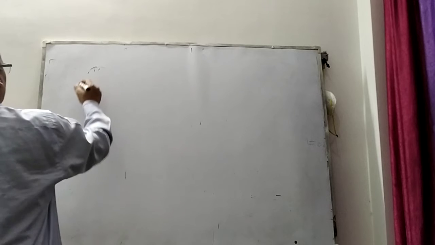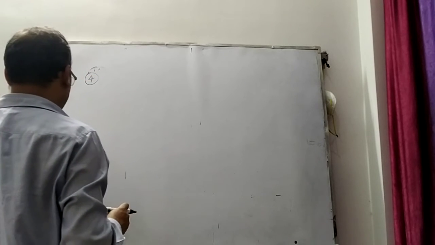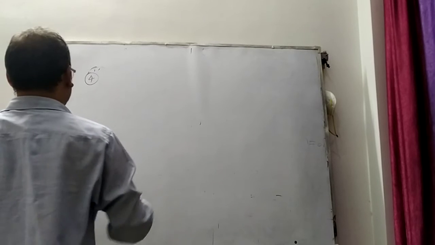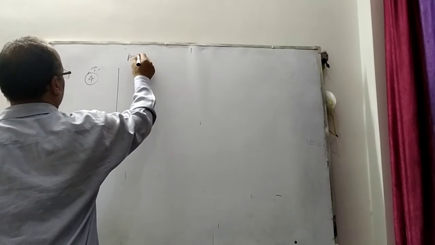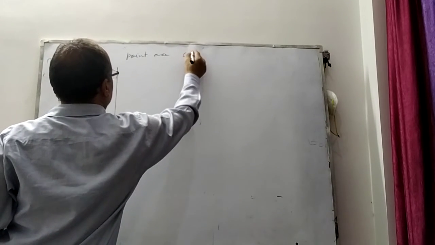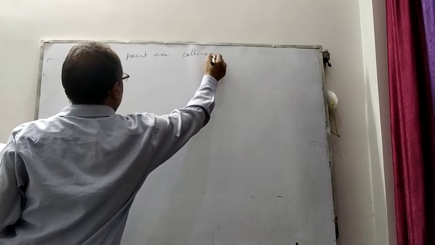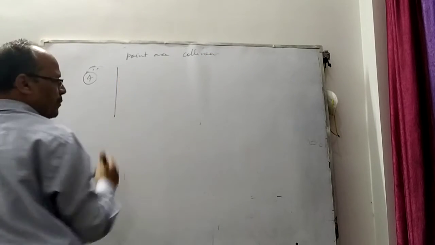Now question number 4. Using determinant find the value of lambda. These are the collinear, points are collinear. Implies that value of this determinant, area of triangle, will be 0.